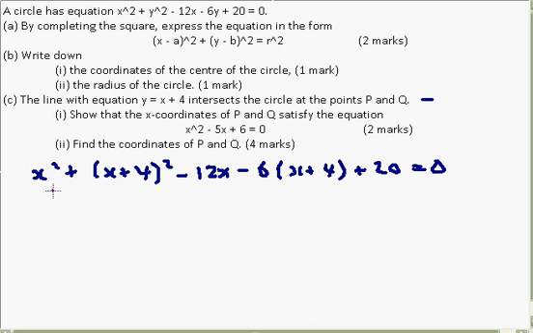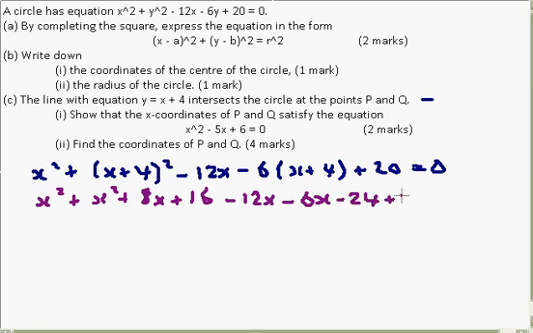Okay, so let's tidy this up. I've got x squared, multiply this bracket out, x squared plus 8x plus 16, take away 12x, and I've got minus 6 times x is minus 6x, minus 6 times 4 is minus 24, and I've got that plus 20 on the end.